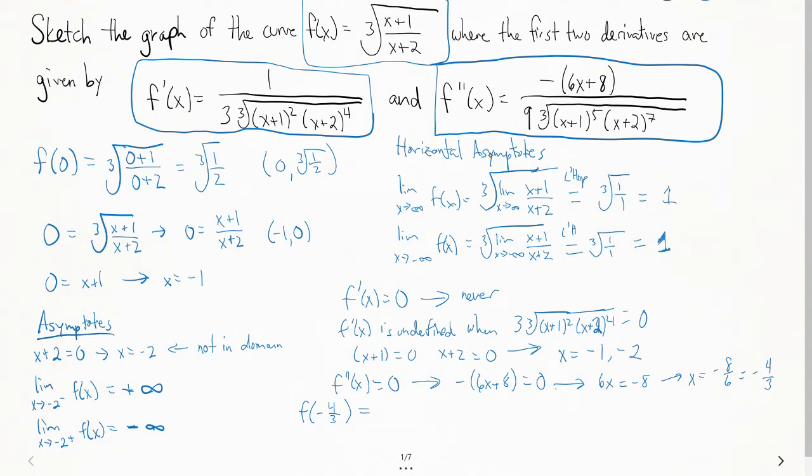Well, we plug it in, we get the cube root of (negative 4 over 3 plus 1) divided by (negative 4 over 3 plus 2). So that should be the same thing as the cube root of the top becoming negative 1/3. And what does the bottom become? Well, that'll be 2/3.